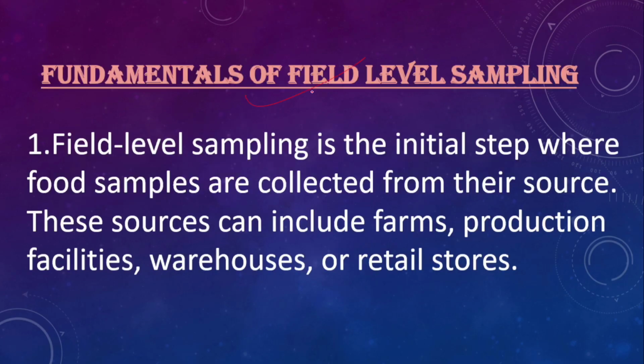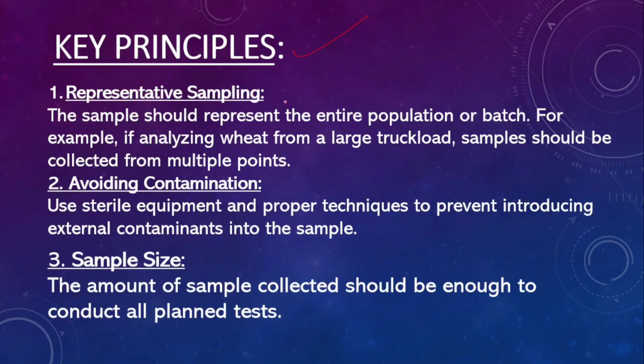Coming to the fundamentals of field level sampling, it is the initial step where food samples are collected from their source. These sources can include farms, production facilities, warehouses or retail stores. What are the key principles? First, representative sampling, which means the sample should represent the entire population or batch.